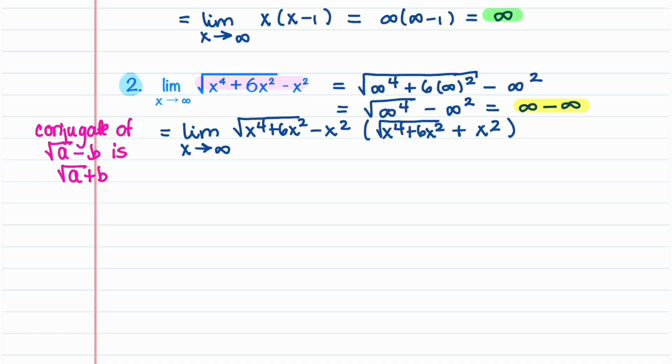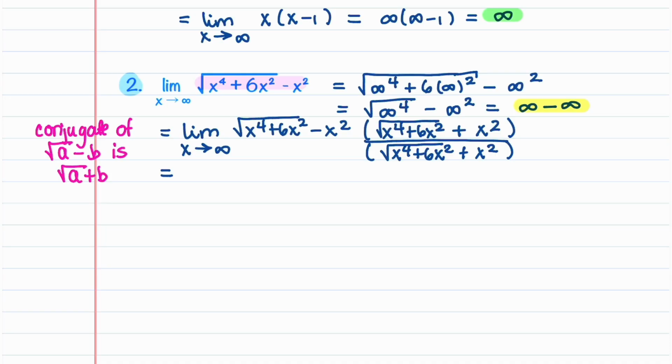Now, this is really important. We can't change the limit. So if we multiply by the conjugate, we also have to divide by that same thing: the square root of x to the fourth plus 6x squared, plus x squared. Doing it this way, it's like multiplying by 1, and we don't change the problem.